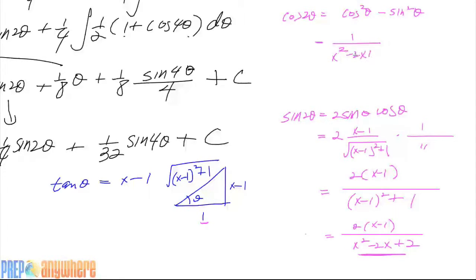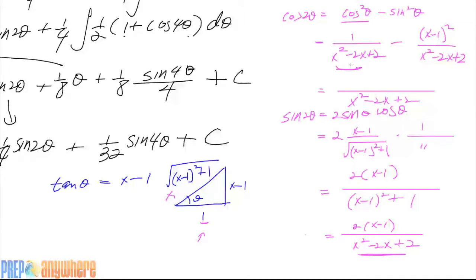So cosine squared theta is this, 1 divided by x squared minus 2x plus 2. Sine squared is x minus 1 squared over whatever we have at the bottom, which is exactly this one again if you square it. So the bottom is just x squared minus 2x plus 2.